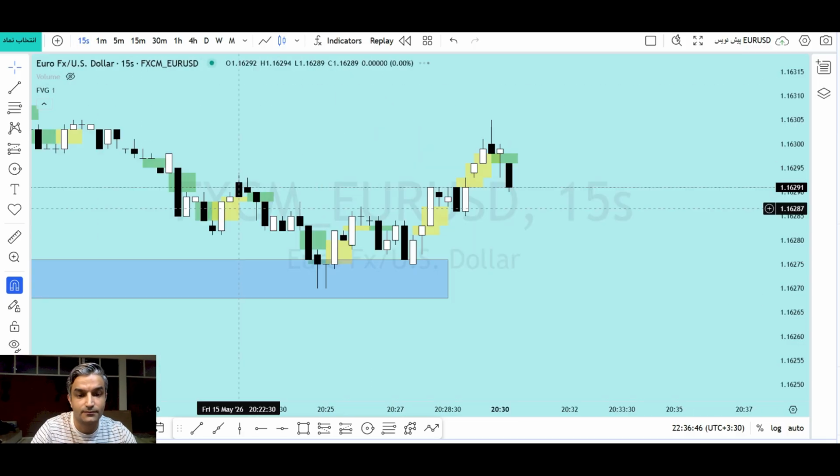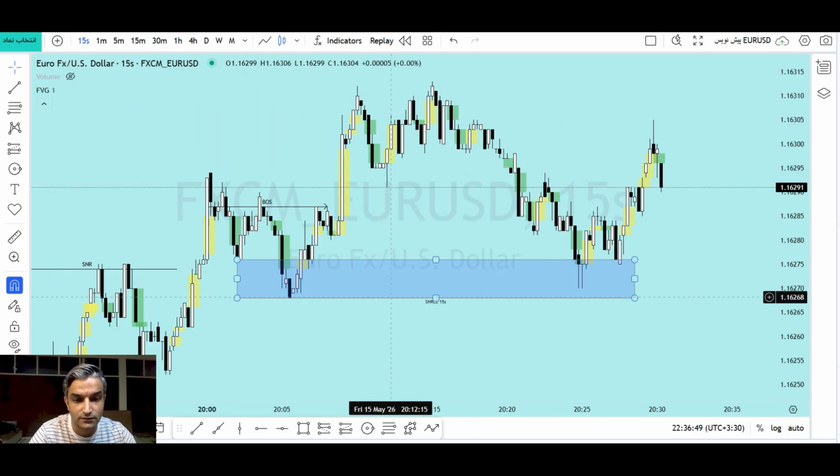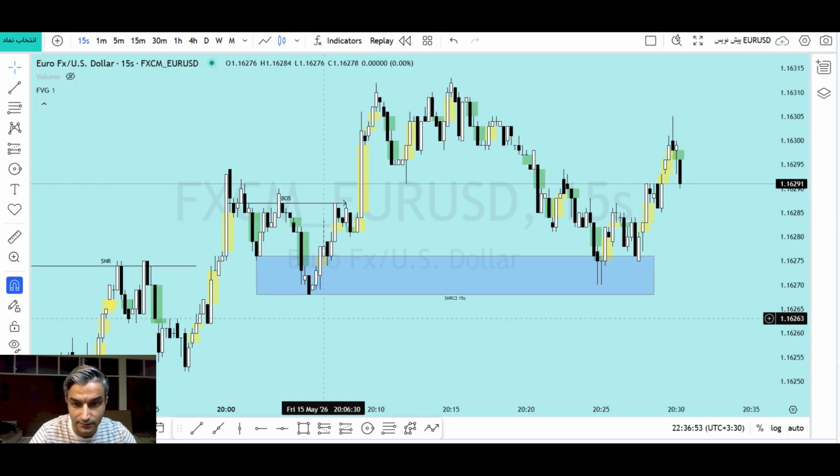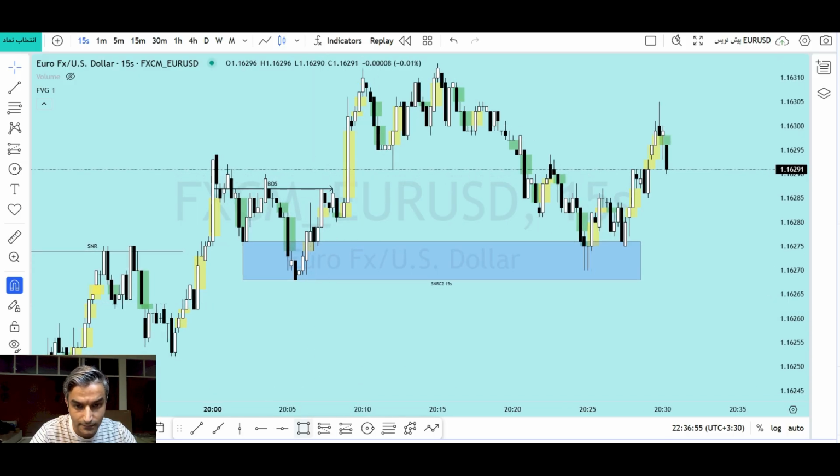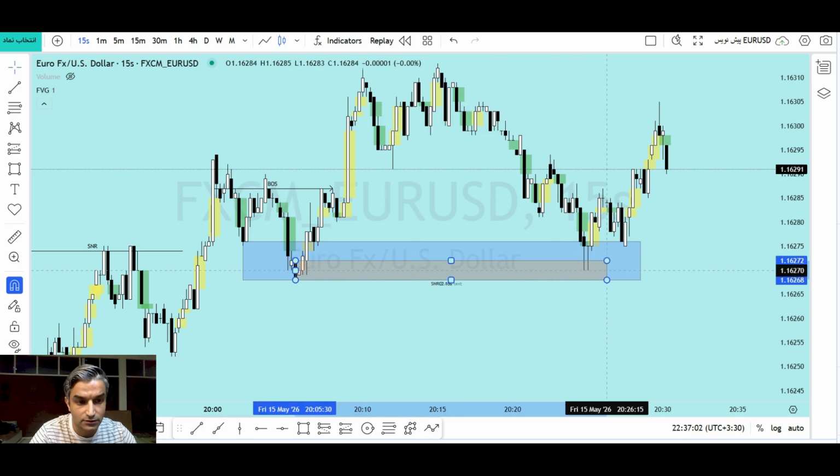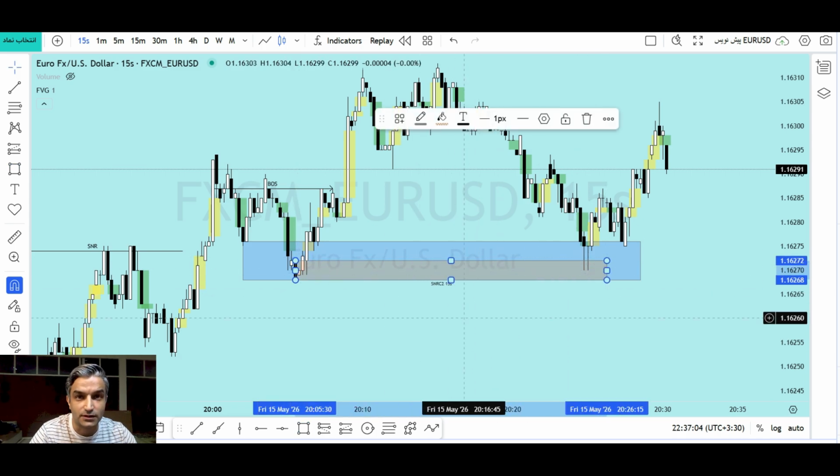Let me change it to the lower time frame. You can see the order block very well. Can you see? This order block is unmitigated.